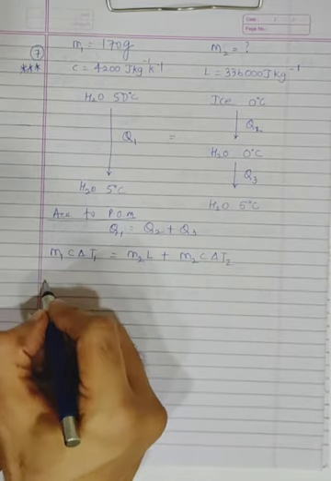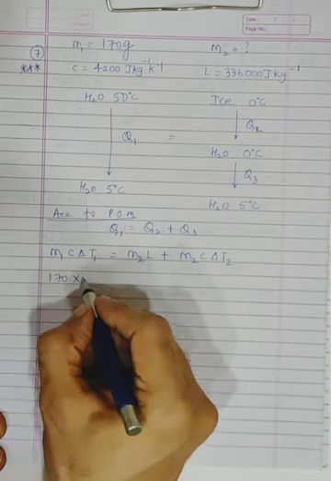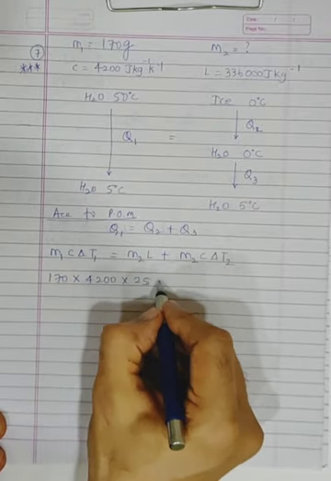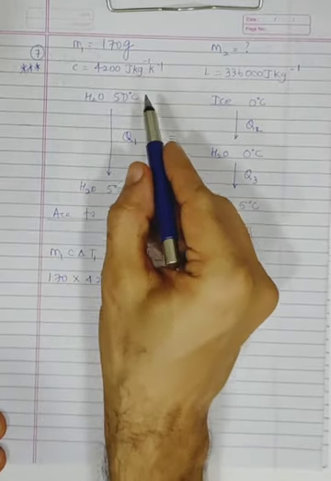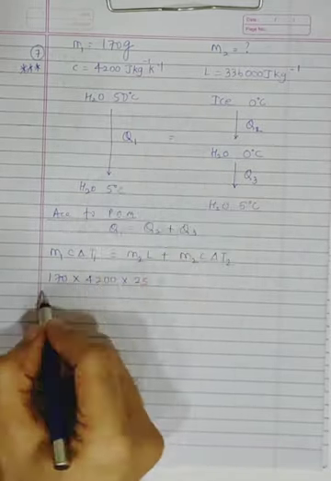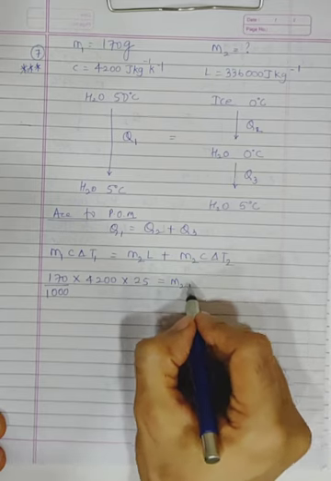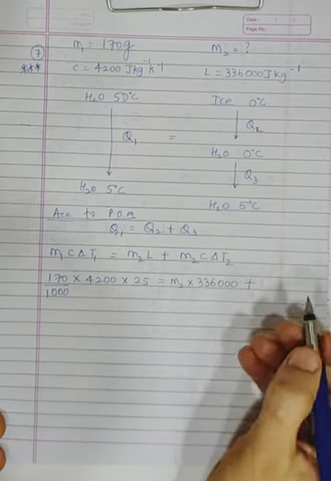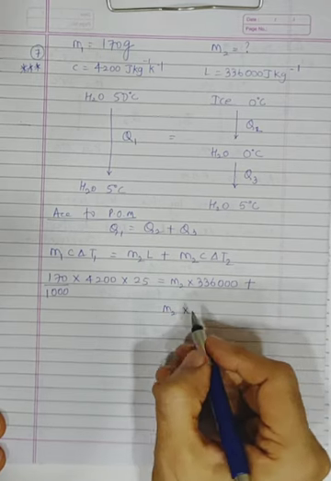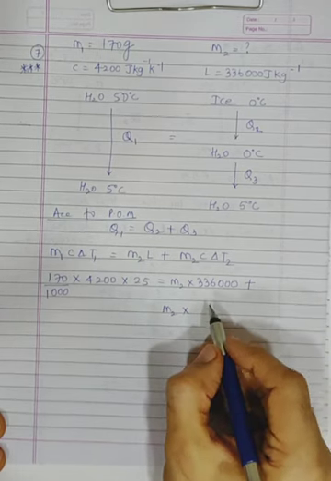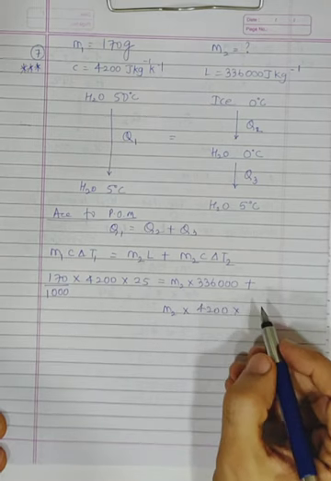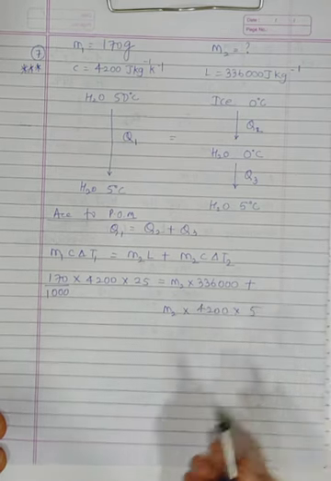What is M1? 170. C is 4200. Delta T is 45. But if you notice, our mass is in gram and this is in kg, so I'll divide by 1000. M2 we don't know. What is L? 336000, plus M2 into C, which is 4200, and delta T is from 0 to 5, so it will become 5 degree.